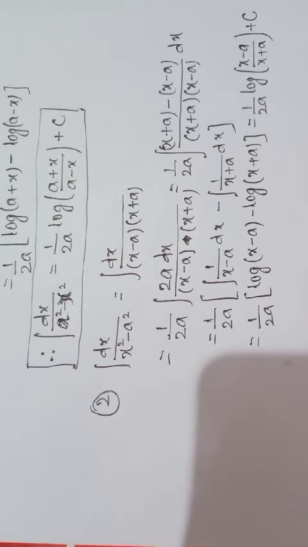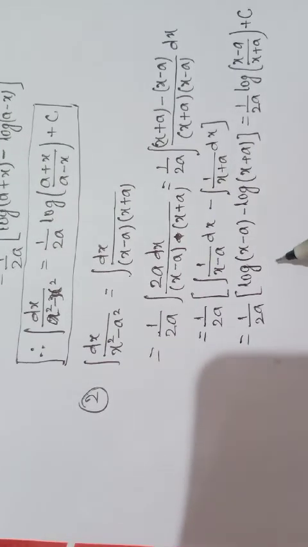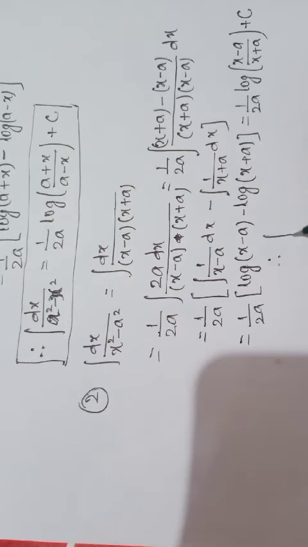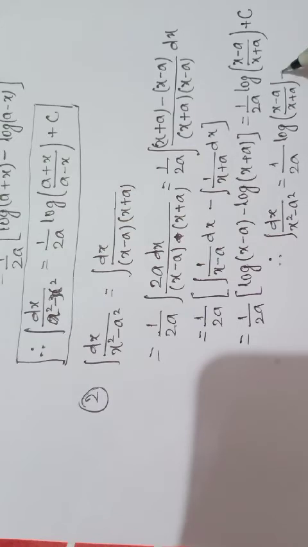So in this way we also integrate such types of problems and further use it as a formula. So we write here dx upon x square minus a square is equal to 1 upon 2a log of x minus a upon x plus a plus constant c.